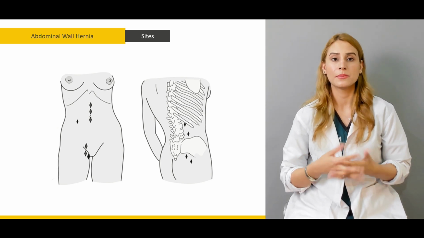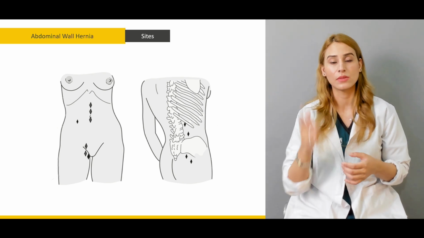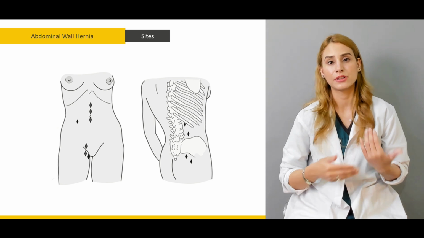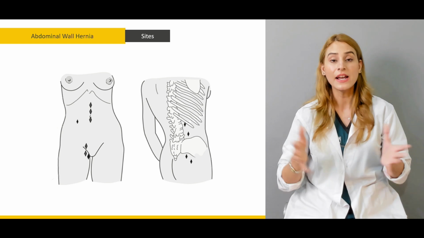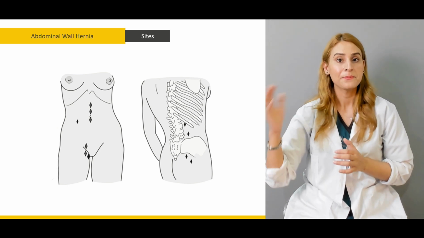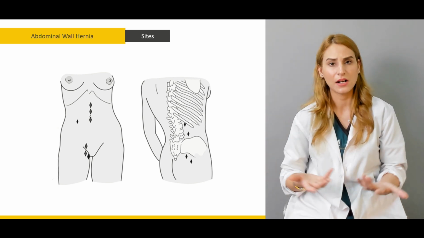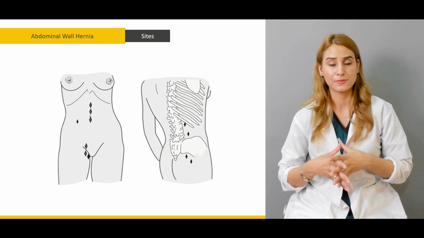So there is always a potential weakness left in the umbilical part. During development or in adult life the defect is closed, but sometimes in later life, due to increased abdominal pressure, coughing or straining, another defect is produced there.